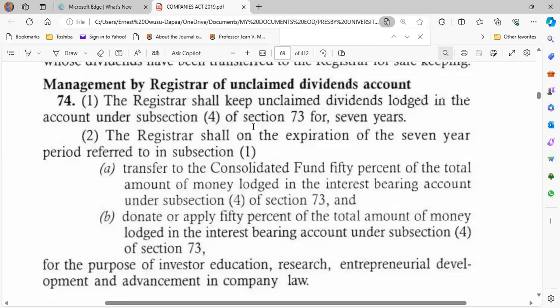74.2 or follow. So 74.2, the registrar shall, on the expiration of the 7-year period referred to in subsection 1A, transfer to the consolidated fund 50% of the total amount of money lodged in the interest-bearing account under subsection 4 of section 73, as we'll be discussing, and B, donate or apply 50% of the total amount of money lodged in the interest-bearing account under section 73.4 for the purpose of investor education, research, entrepreneurial development, and advancement in company law.